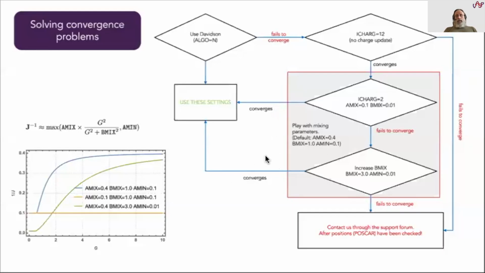If either of those converges, then you use these settings. If that fails to converge, unfortunately, you end up here again. In that case, contact us through support, or a direct optimizer might help. But if you end up here through this route, chances are strong that it will get more and more difficult.